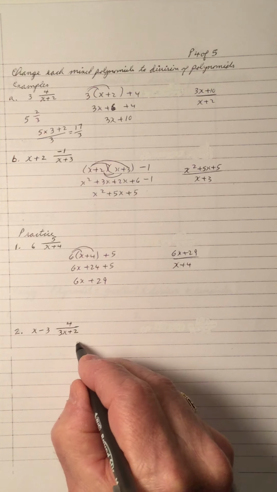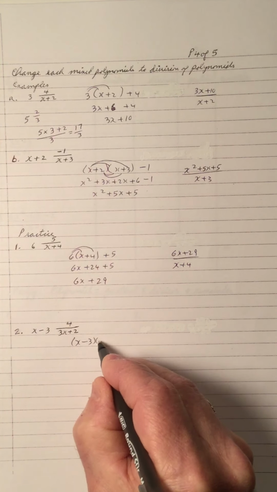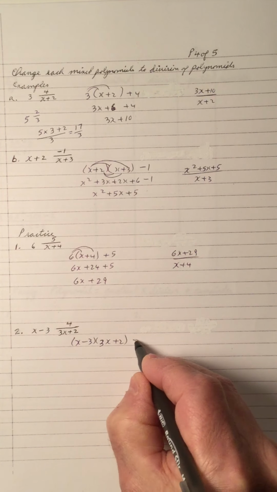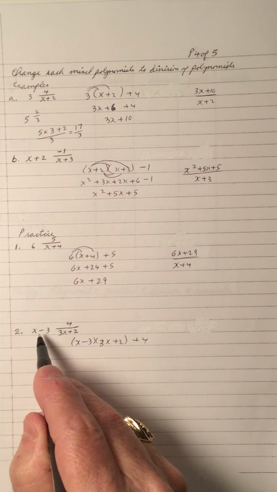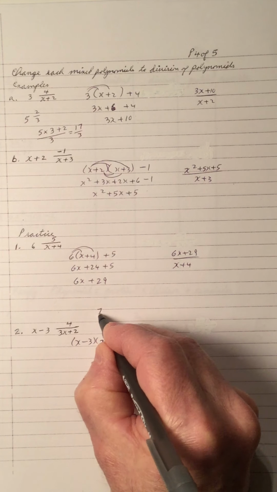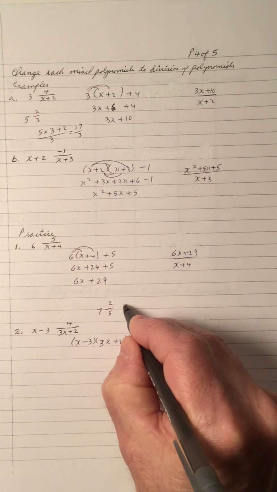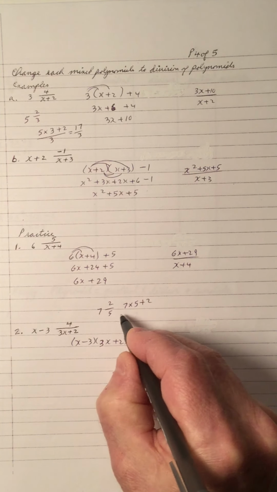And number 2, we have x minus 3 times 3x plus 2, add on 4. Now again, I keep referring back, but 7 and 2 over 5, that would be 7 times 5 plus 2.